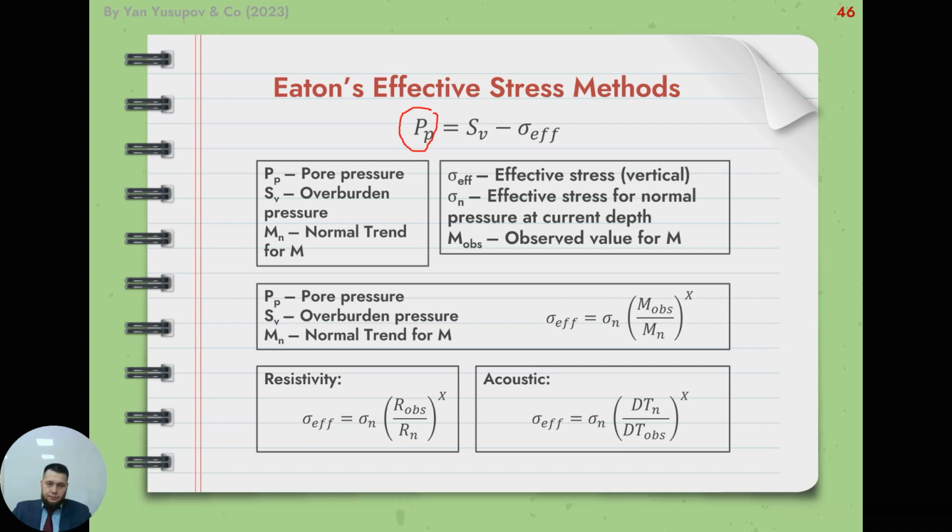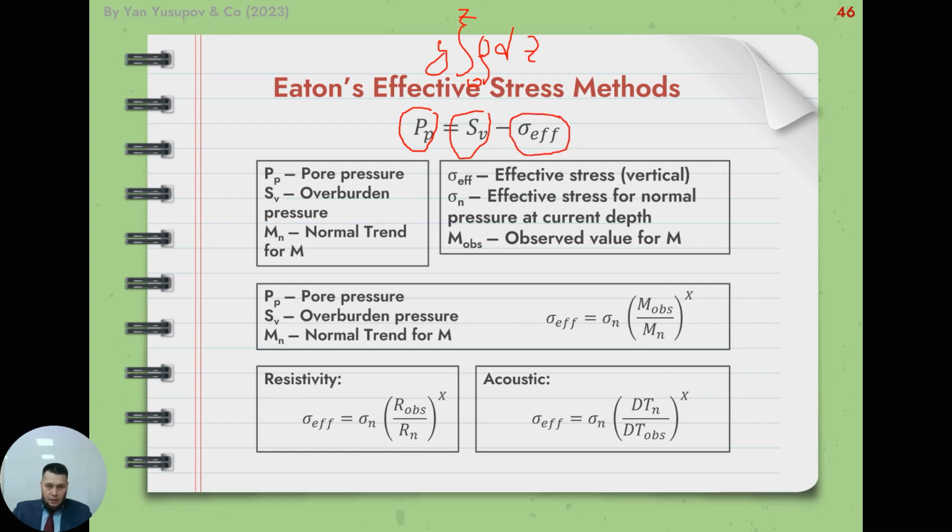This is the total vertical stress, which in the simplest form can be described as integrating density by depth, and effective stress.